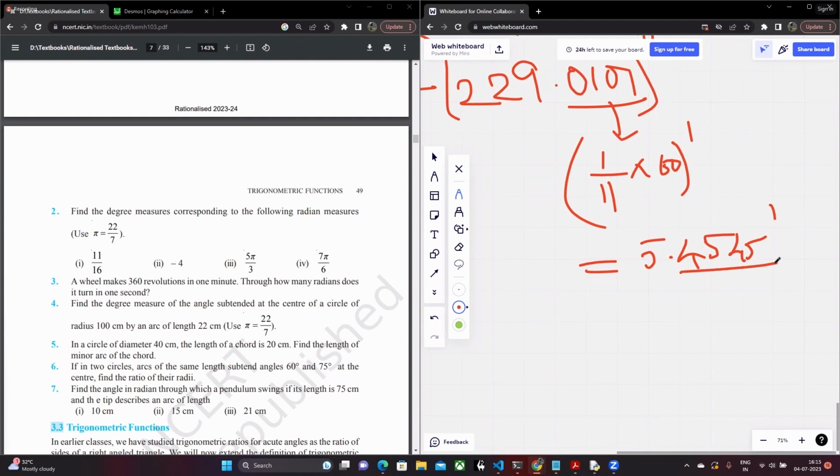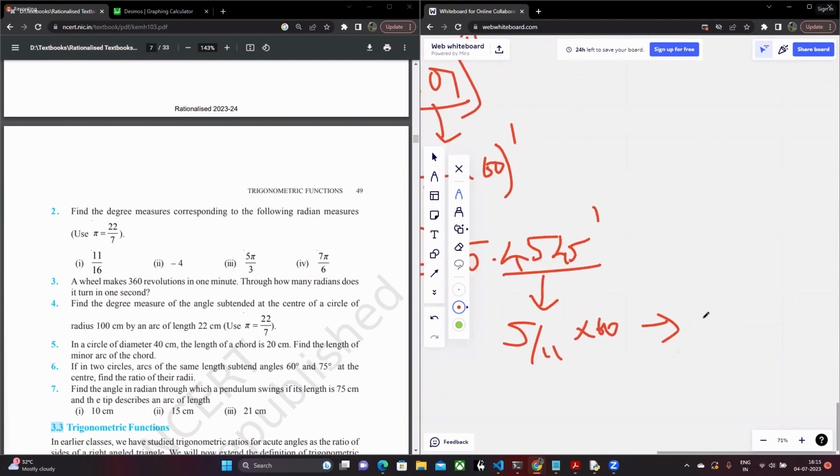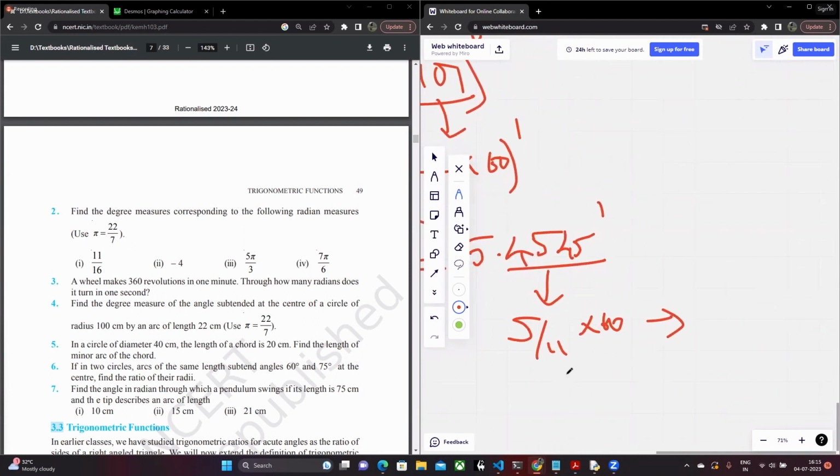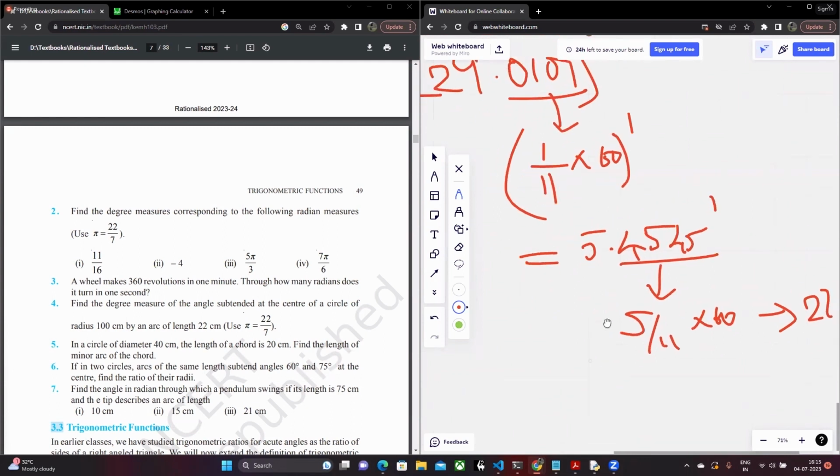And again, this part is going to be 5 by 11. If I multiply this by 60, I'll get 300 by 11. That is going to be 27.2727, right?